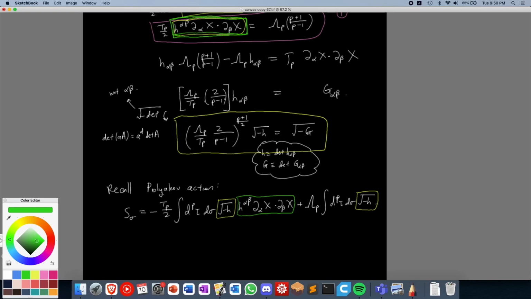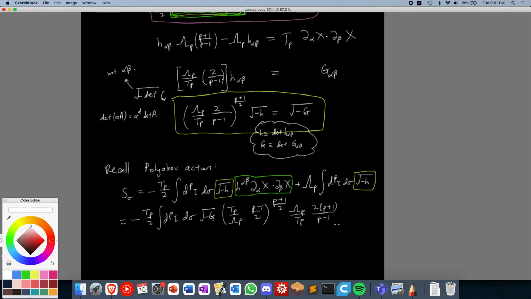I previously did not write it, but if we substitute those two things inside, then the first term is going to be square root minus g, and then tp over, we need to invert, take the reciprocal, so p minus 1 over 2, and then we substitute that guy in, so there will be lambda p over tp, 2p plus 1 over p minus 1.